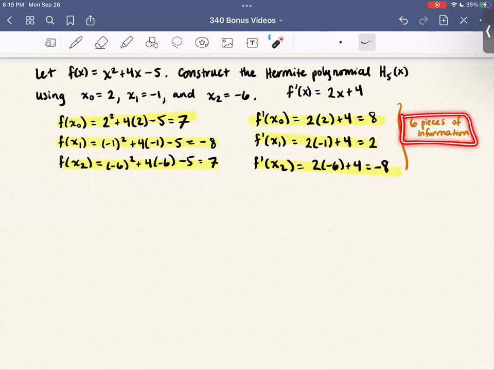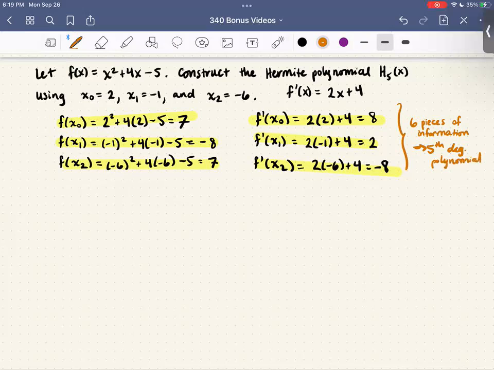So here I have 6 pieces of information, 3 points and 3 derivatives. So I'm going to construct H5, a 5th degree polynomial. And the way I'm going to do that is using a divided difference table.